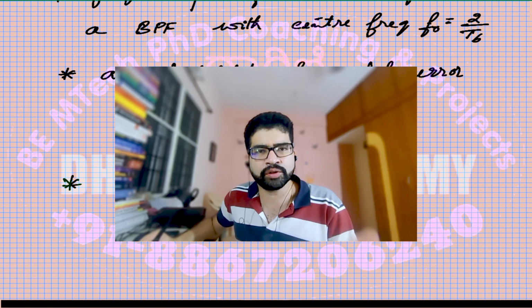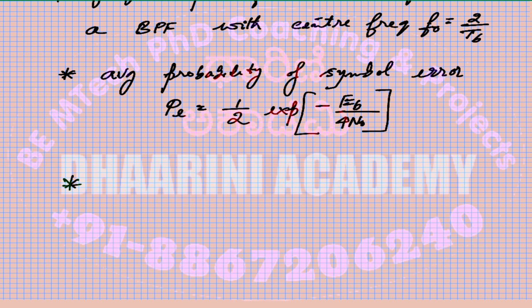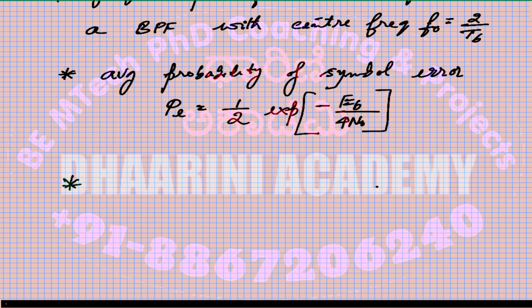We use two matched filters, but they are not designed directly. You use a correlator inside, and we use the correlators to do this job.